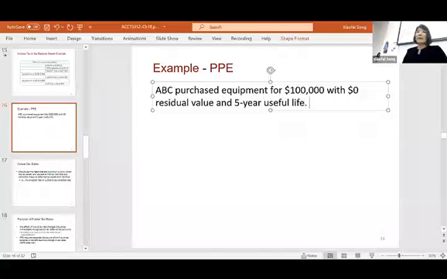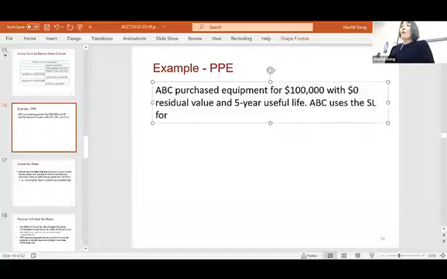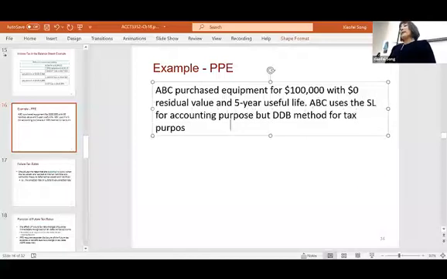ABC uses the straight line method for accounting purposes, but the double declining balance method for tax purposes.